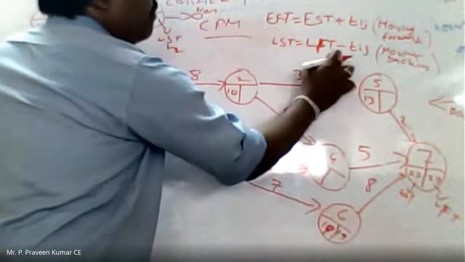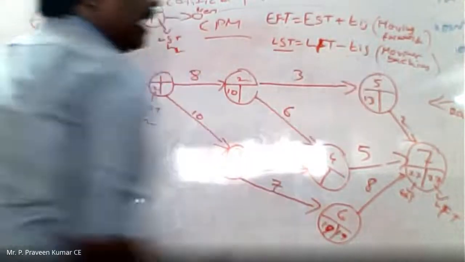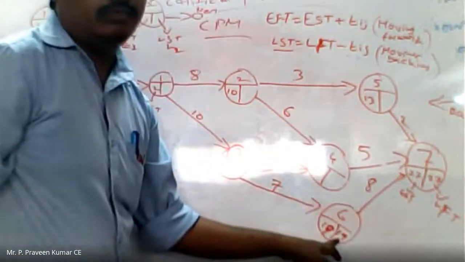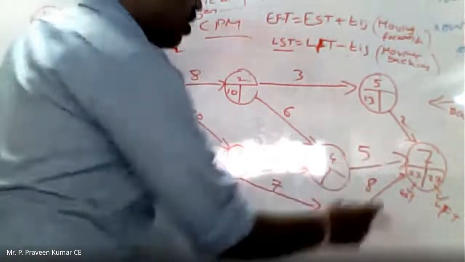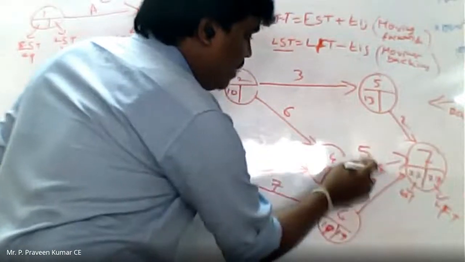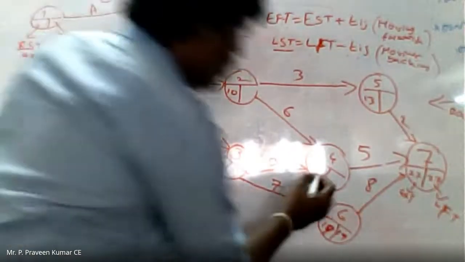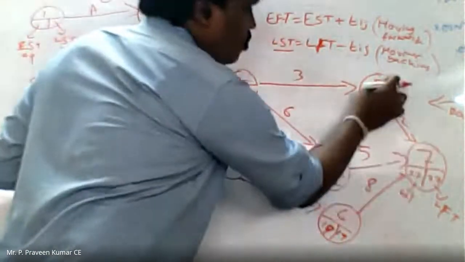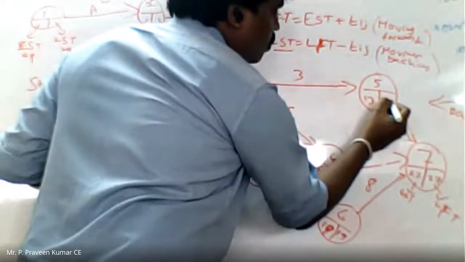See the formula here: LST we are calculating as LFT minus TIJ. 27 minus 8 gives the value 19. Now coming to 7 to 4: 27 minus 5 is 22. Now coming to 7 to 5: 27 minus 2 is 25.